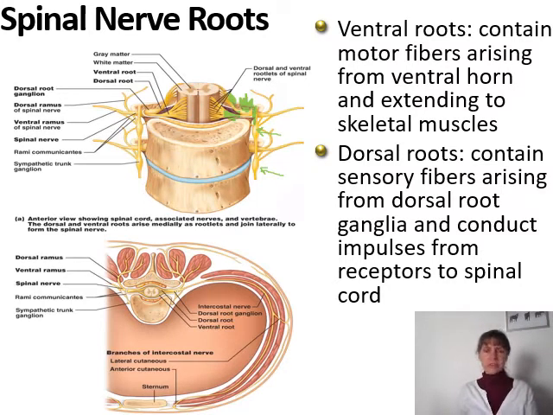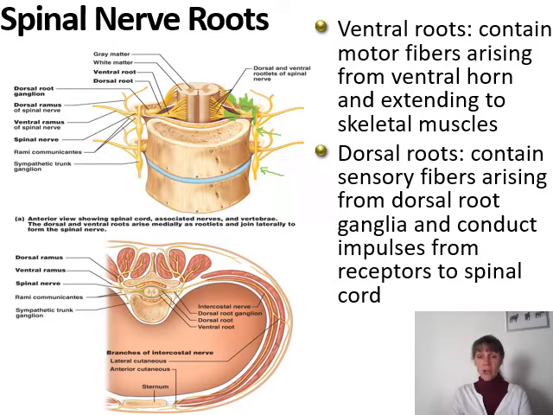The ventral roots are arising from motor axons, or nerve fibers, that are coming from soma that live in the ventral horn of the gray matter of the spinal cord and extend to skeletal muscles.